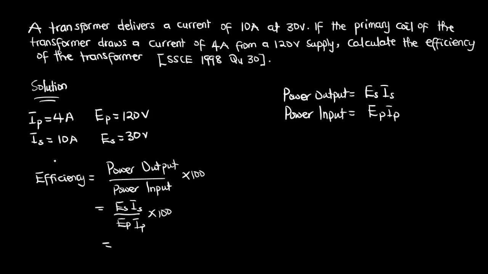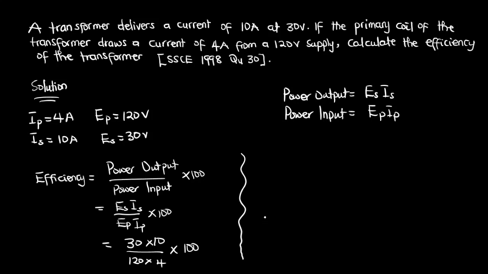So this is equal to our ES, which is 30, multiplied by our IS, which is 10, divided by our EP, which is 120, multiplied by our IP, which is 4, then all multiplied by 100. Are we okay?